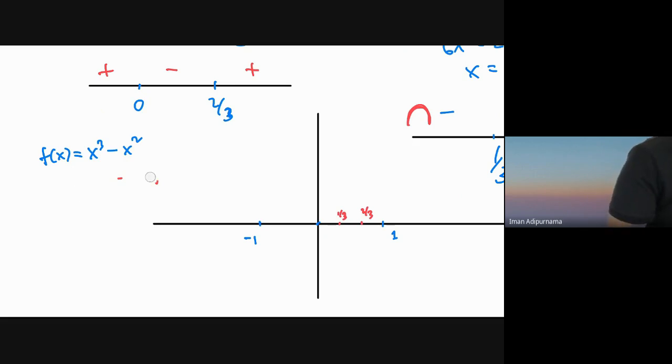Or if we look at this, it should be x squared minus 1. So x is 0 and x is plus minus 1.